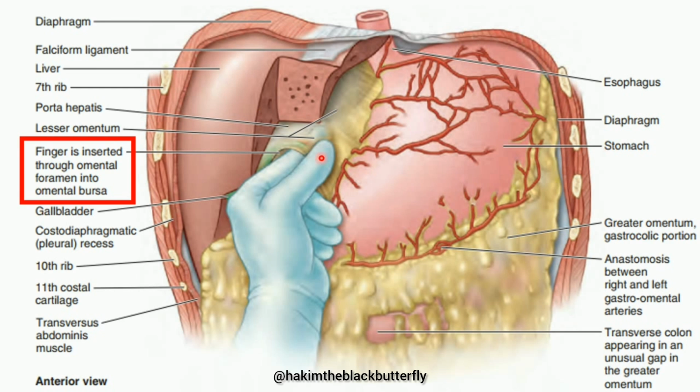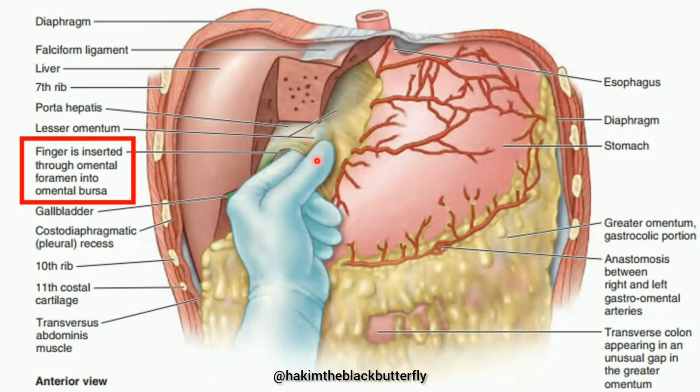So during surgeries of the liver, these vessels can be squeezed to reduce the supply of blood to the liver, and that will limit excessive bleeding whenever there is need to operate on the liver.